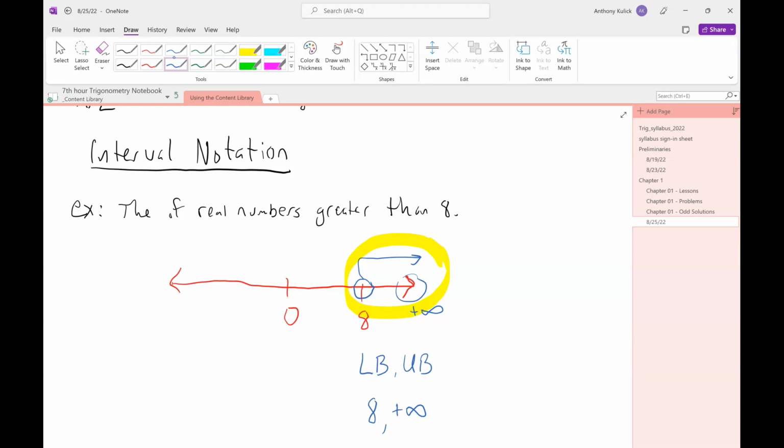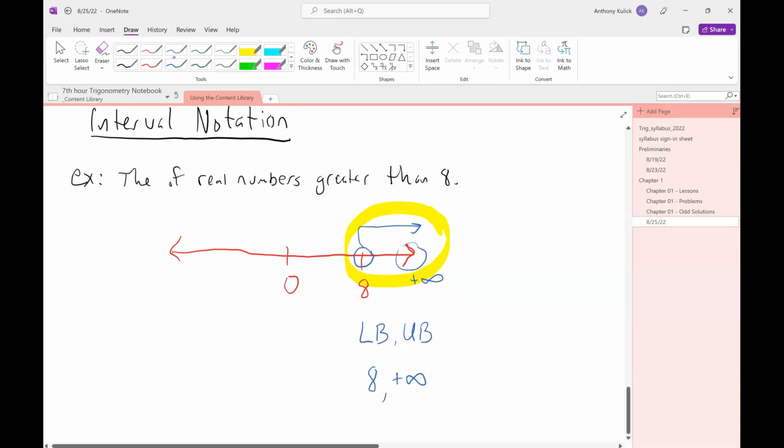The last thing we need to do with our interval is indicate whether the endpoints, these upper and lower bounds, should be included in our set or not. So was 8 included? No, we used the open circle, right? So if the number is not included, we use a parenthesis.